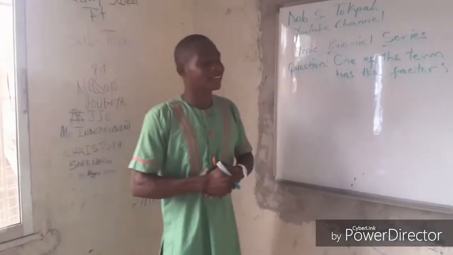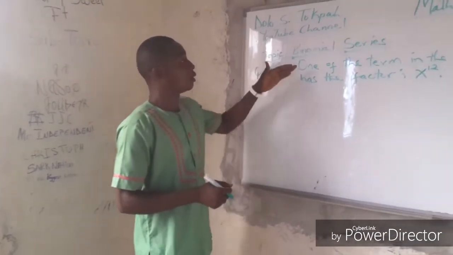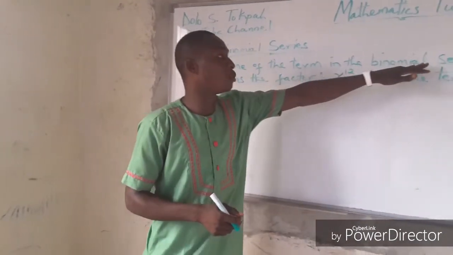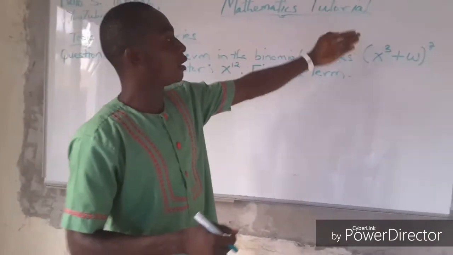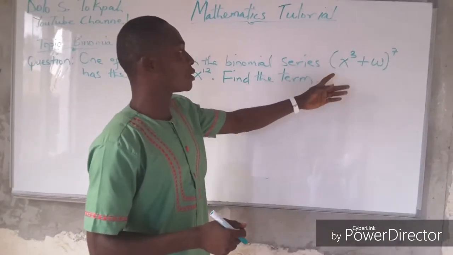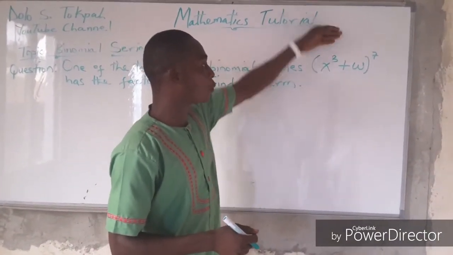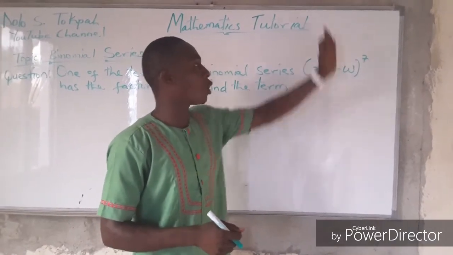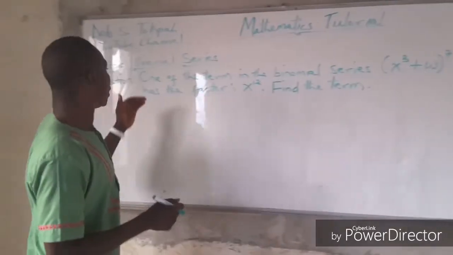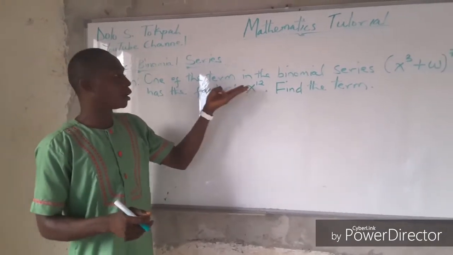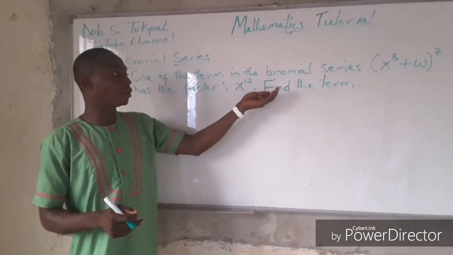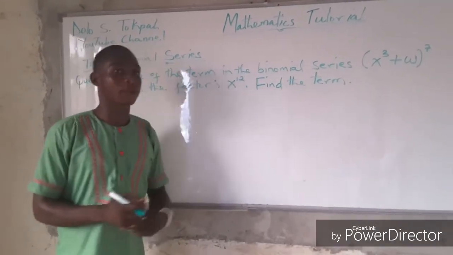This is the question. The question says, one of the terms in the Binomial Series (x cubed plus w) all to the 7th power has the factor x to the 12th power, and now we are asked to find the term.